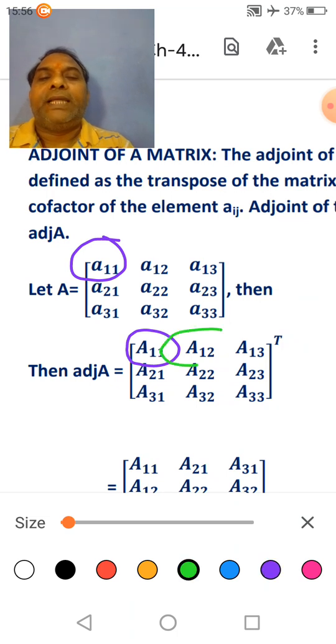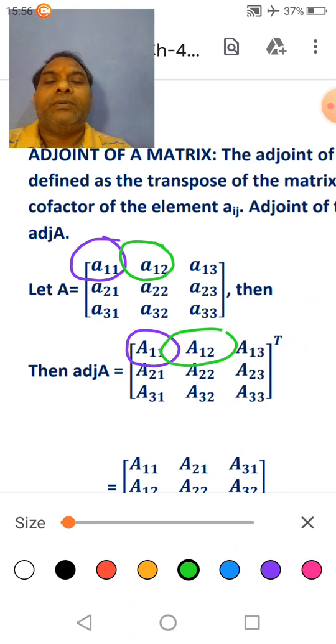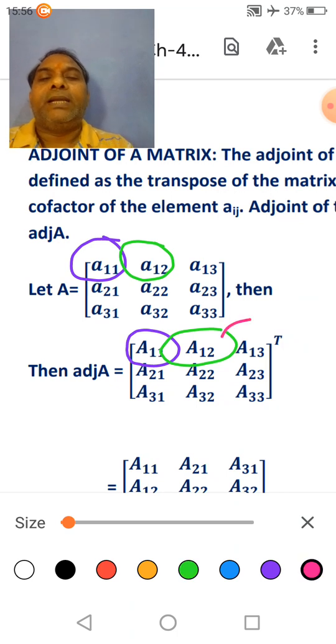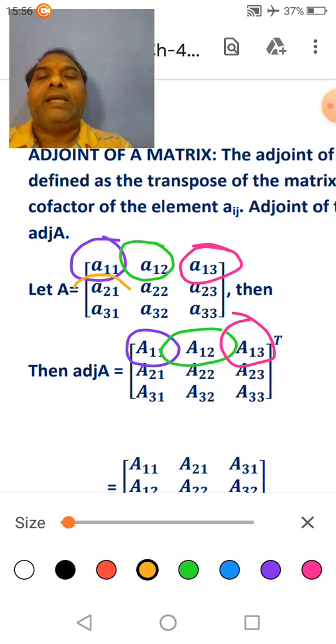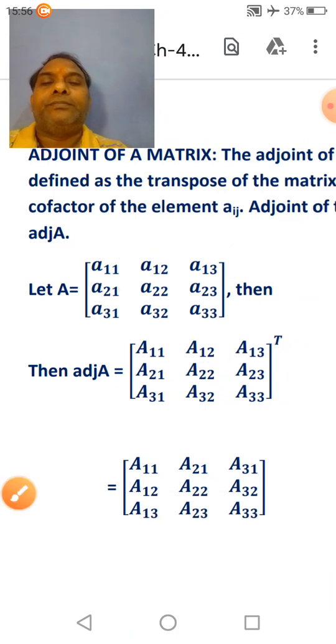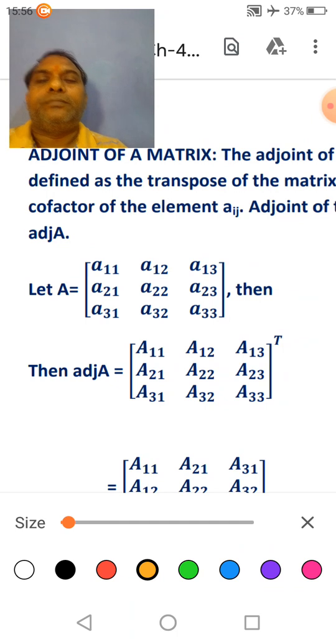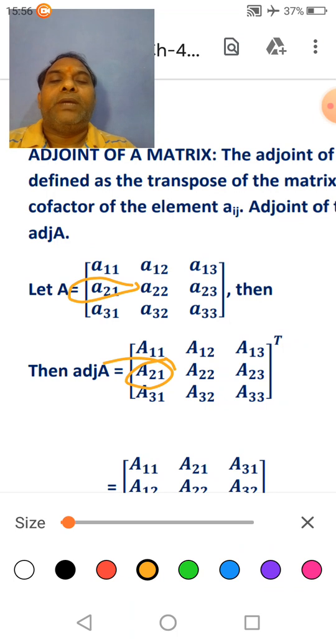Capital A12 is the cofactor of element A12. Similarly, capital A13 is the cofactor of element A13. Similarly, capital A21 is the cofactor of element A21.